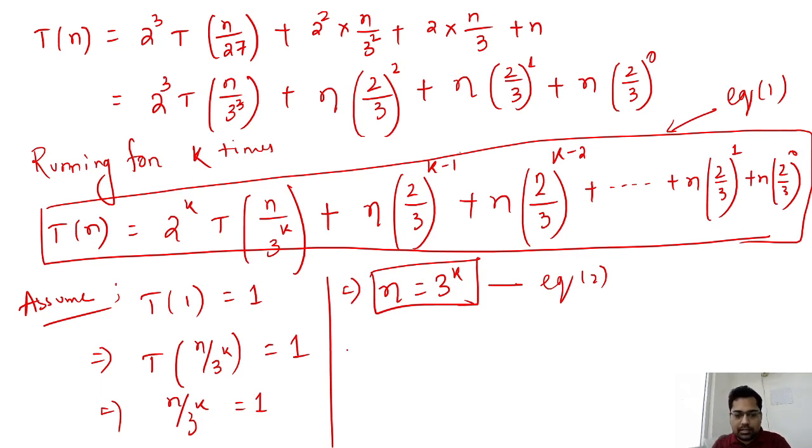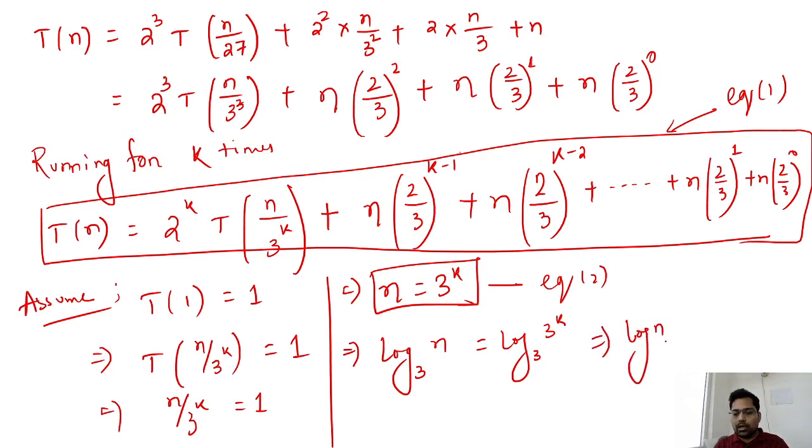So you can take log base 3 on both sides to find the k value. 3 to the power k, then what you have to do, if you need more simplification also, I'm writing that one, log n base 3 equal to k, because this is a property of log 3 base 3, it is 1.